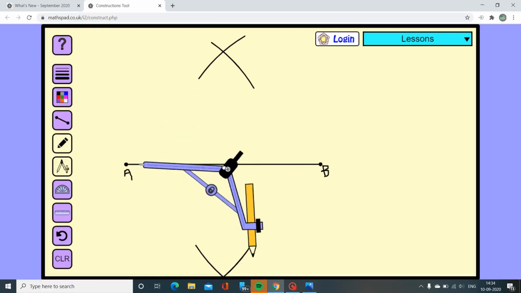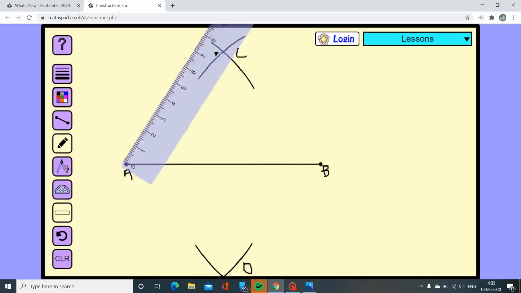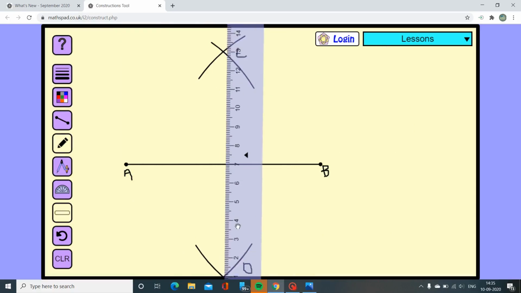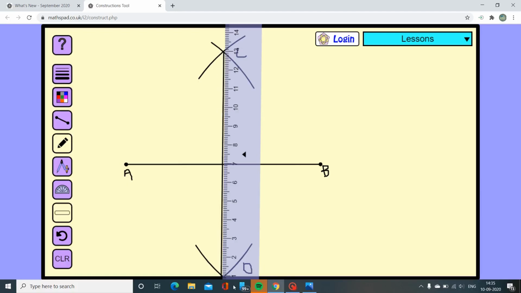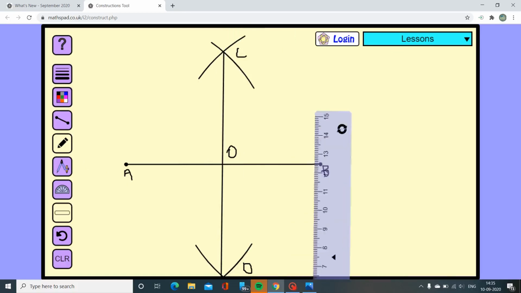Now mark those intersecting points as C and D. Now I am going to join the points C and D. That intersecting point I am going to write as O. Now I am going to check it.